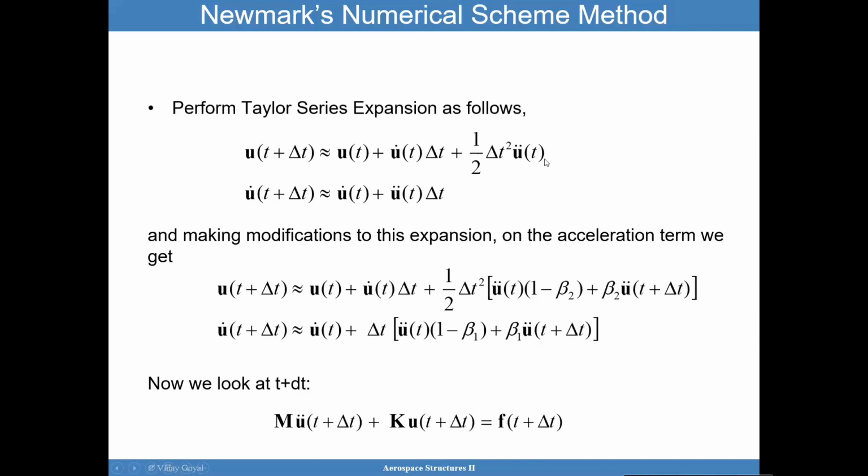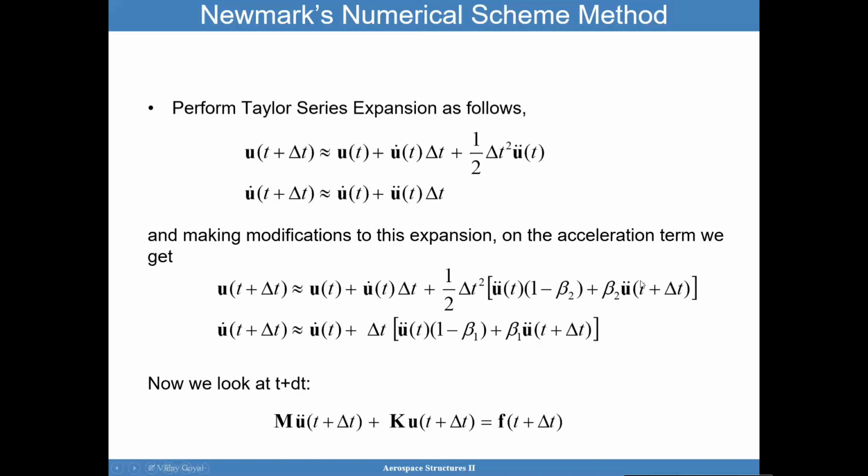So I've taken the acceleration term and made it times 1 minus beta 2, plus beta 2 times u double dot at t plus delta t. So we recover the expression above if I set beta 2 equal to 0. You can see that here. If I set beta 2 equal to 1, this goes away and I get this term right here.